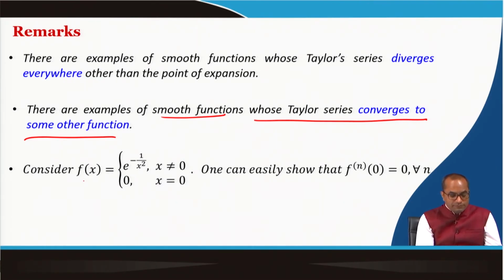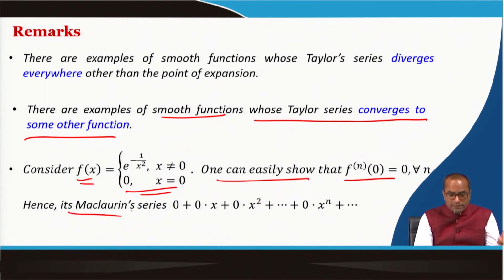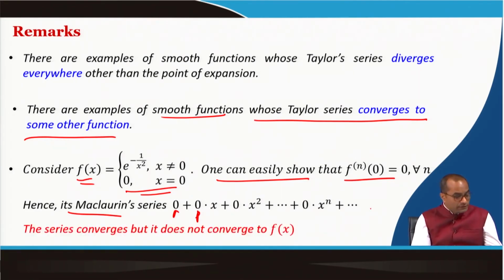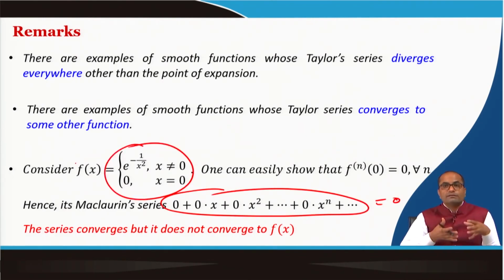A very simple example: if we consider this f(x), one can easily show that all the n-th order derivatives, first order, second order, all are 0, and so we can write down the Maclaurin series, because all derivatives are 0, so 0 plus 0 plus 0, everything is 0 there. So, this series converges, and it converges to 0, but it does not converge to the given function.